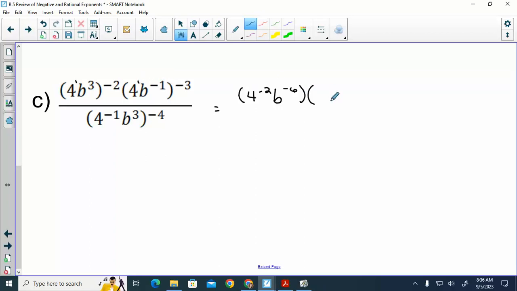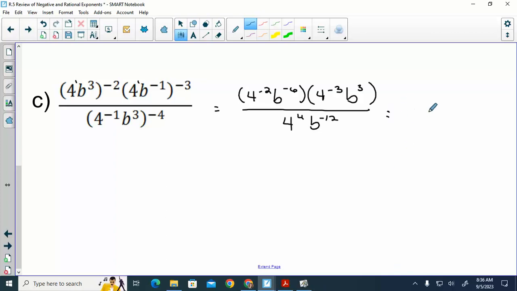This is another 4 to the first, so that -3 has to go to the 4 as well. So 4 to the -3, b to the +3. On the bottom, we get 4, -1 times -4 is +4. 3 times -4 gives us a b to the -12.